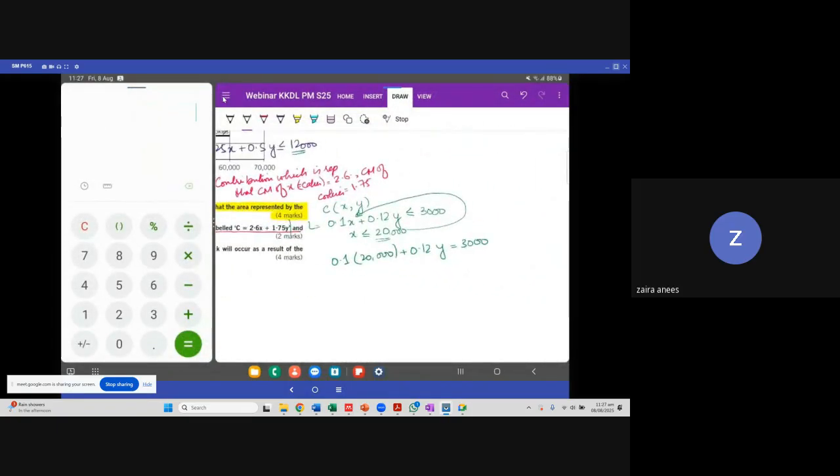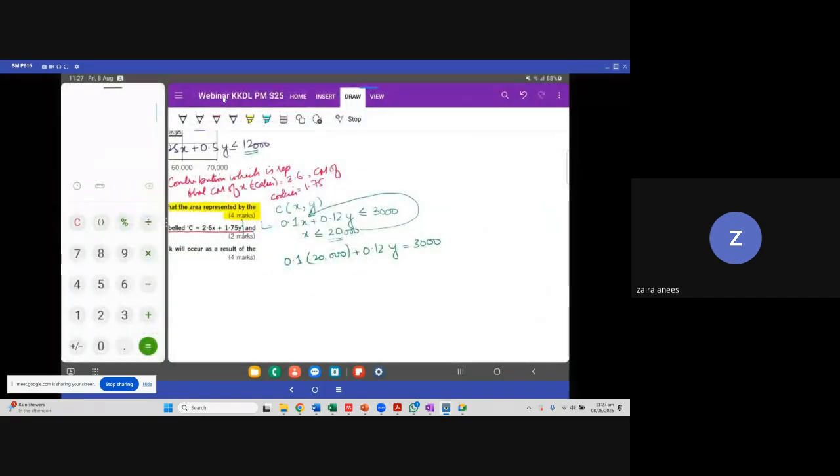So this will be 0.1 into 20,000, which is 2,000, and 0.12y is equal to 3,000 minus 2,000, which is 1,000 basically.